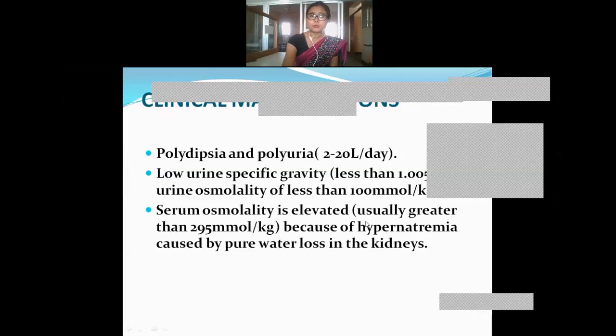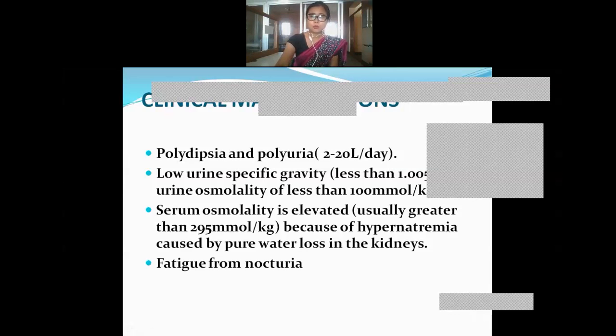So the patient will have high sodium because of pure water loss in the kidney. As you all know, the composition of urine is mostly water. So if more water is removed from the body, the sodium will remain in the body, and it will cause a high serum osmolality, that is more than 295 millimole per kg.